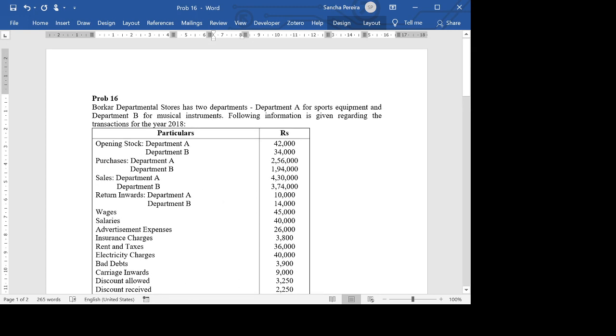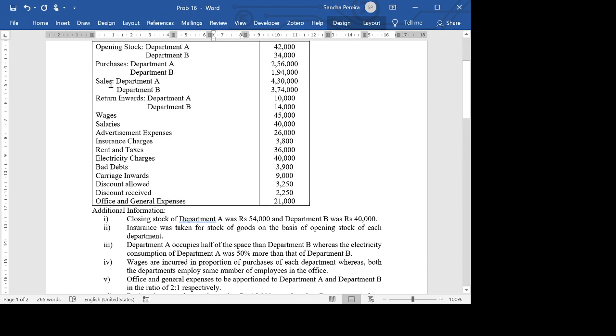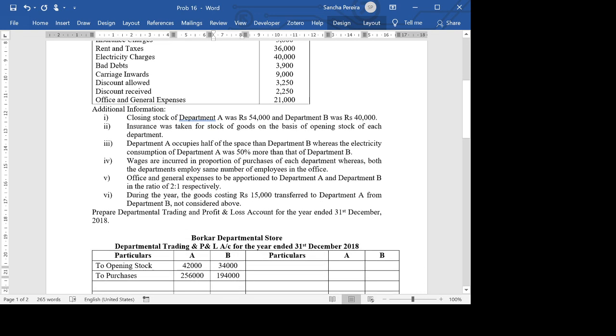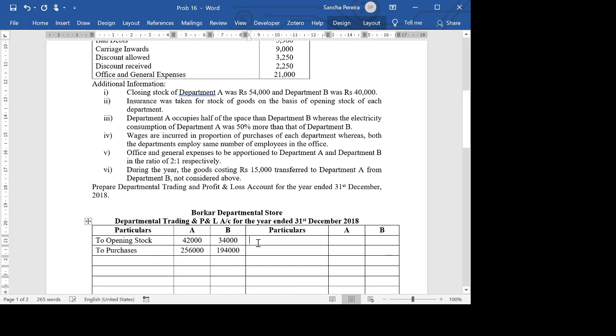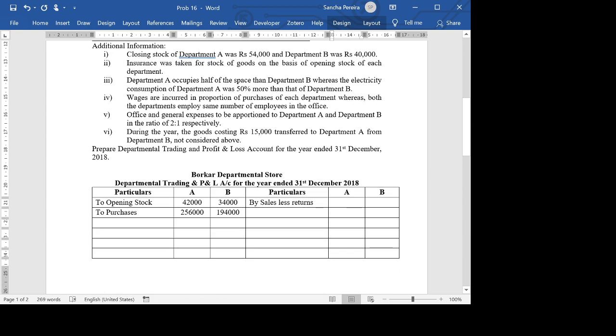Then there is sales on the other side, and in sales there are also return inwards. I said it would be better we minus it directly and write. So we are going to write it as, by sales less returns. The sales of department A are 4,30,000 and the returns are 10,000, so the net sales would be 4,20,000.